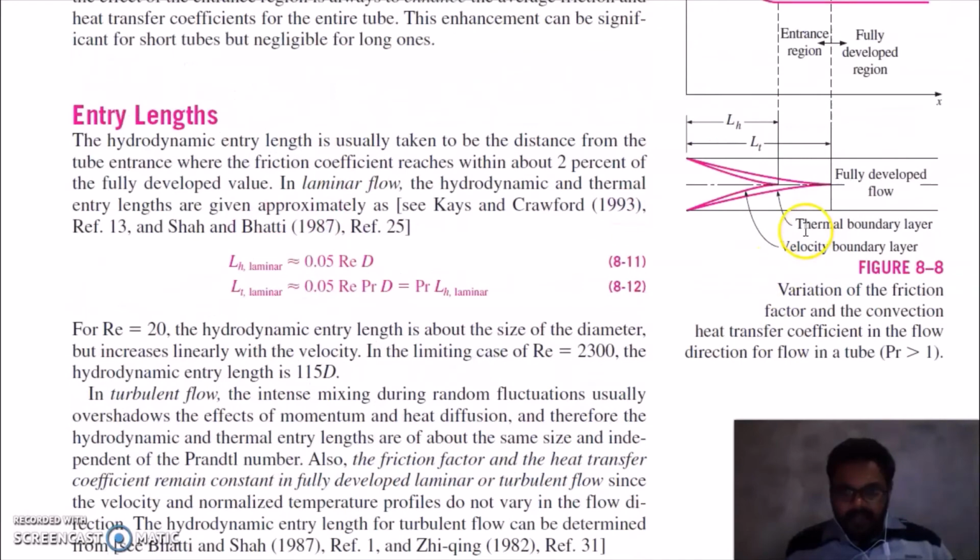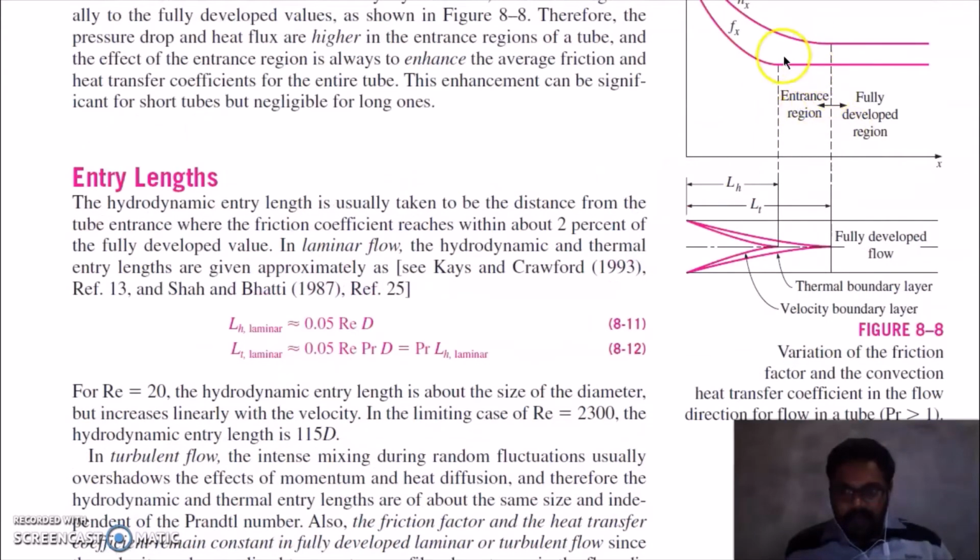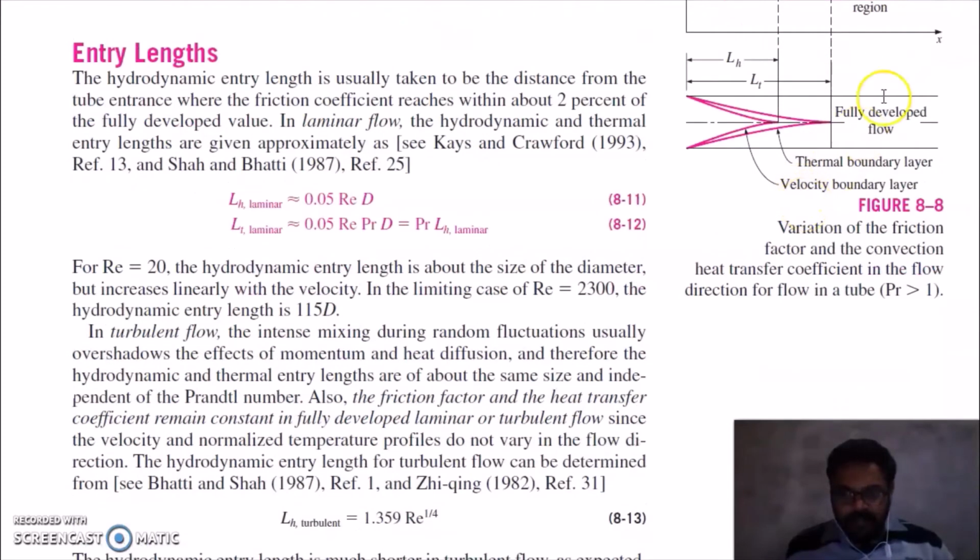Also, you can see from this figure that your friction factor and your heat transfer coefficient remain constant in fully developed flow, so they are almost constant.